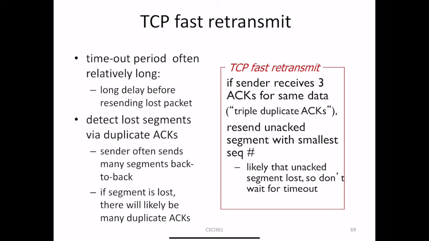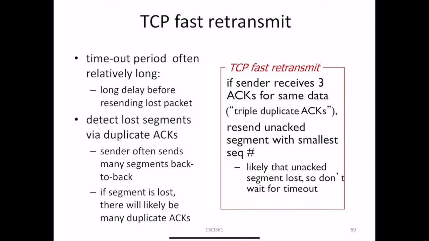So if we wait for the timer to time out before resending the lost packet, usually we will experience a longer delay. However, the second condition, duplicate ACK, can detect the packet loss in a fast way.